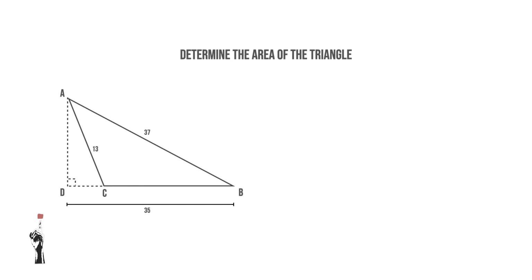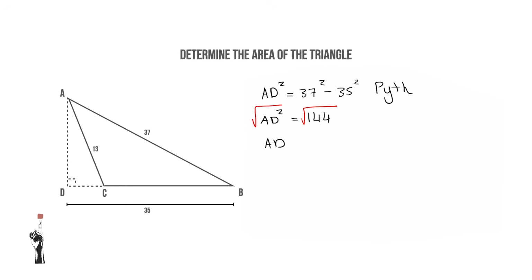Therefore, I can say that AD squared is equal to 37 squared minus 35 squared. Writing my reason, Pythagoras. Therefore, AD squared is equal to 144. To find only AD, I have to square root both sides. Therefore, AD is equal to 12 units.